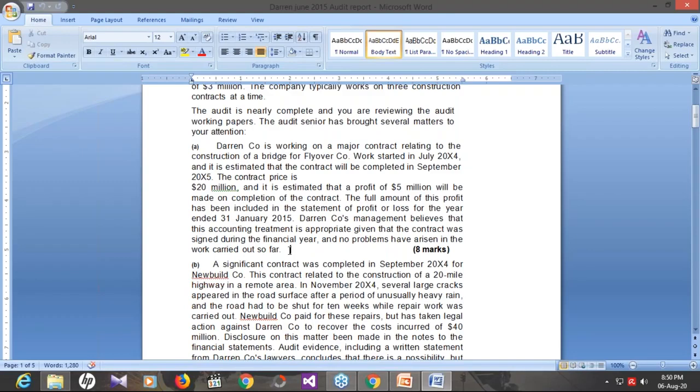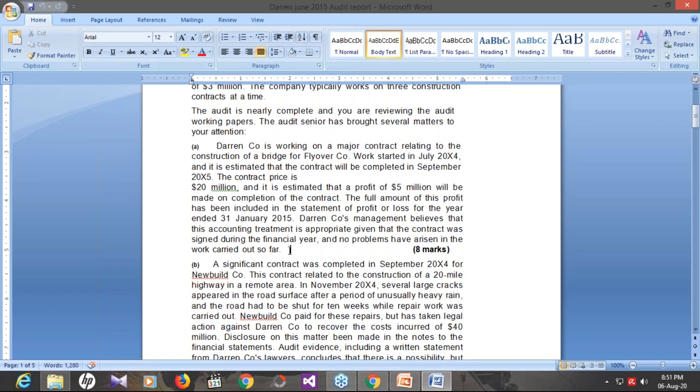So you should have understood by now that this is a problem of revenue recognition and profit recognition. It is mainly the problem of IFRS 15, and IFRS 15 exclusively discusses how revenue, especially in construction, should be recorded.